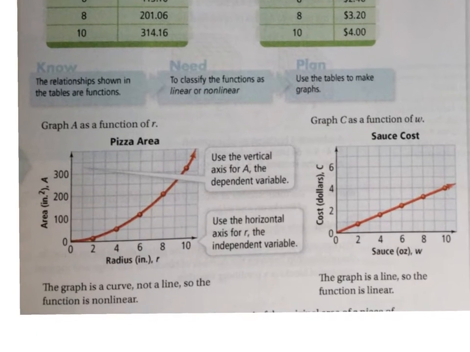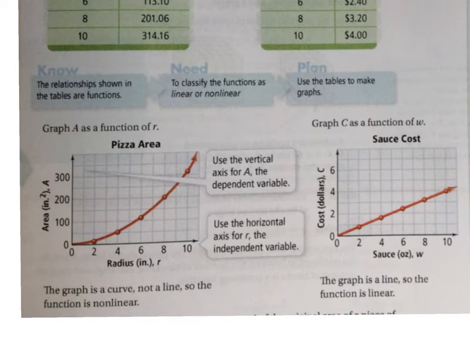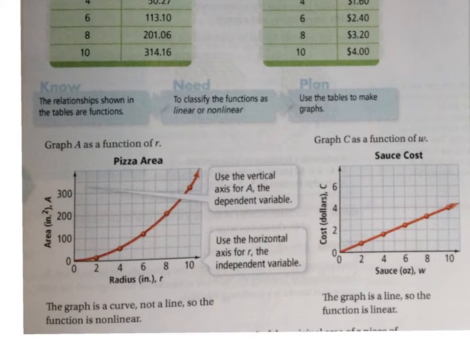As you can see, I made graphs. I used area as a function of radius and cost as a function of sauce. So in the second one, the sauce is my independent and the cost is my dependent. In the first one, the radius is my independent and my area is my dependent.